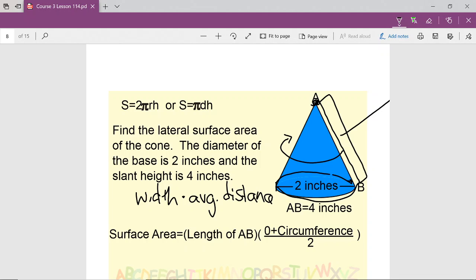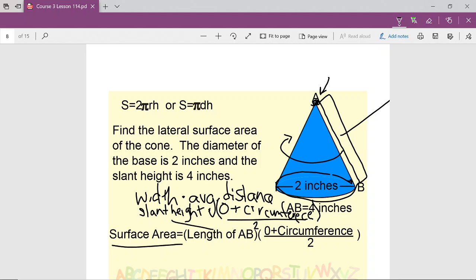Well, in this case, if I were to put it in terms of an actual cone, that would mean the width of the broom is like the slant height, and the average distance, well, A moves zero amount, and B moves the circumference, and we would find the average of that by dividing by 2. So that's exactly what we have as far as this new surface area formula, by saying the length of AB, which is our slant height, times the average that it moves, which is 0 plus the circumference, divided by 2.